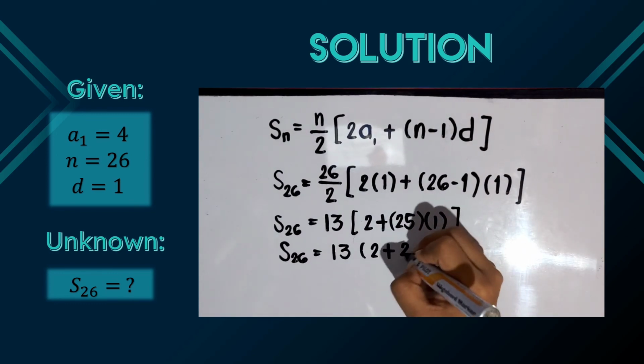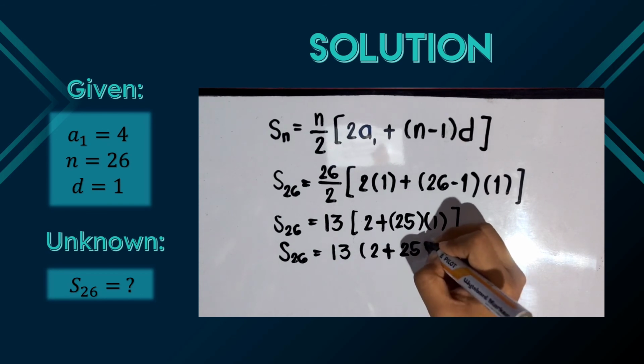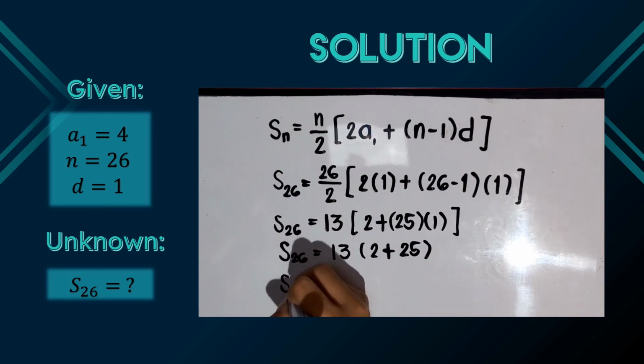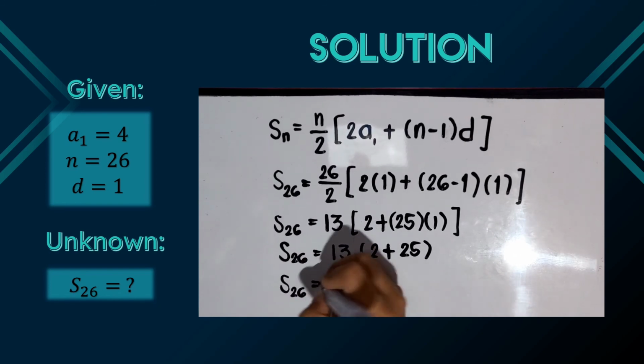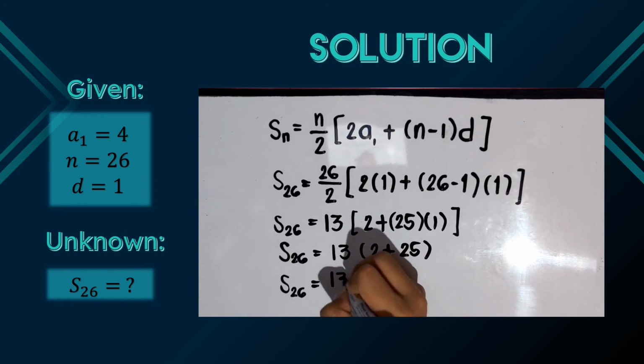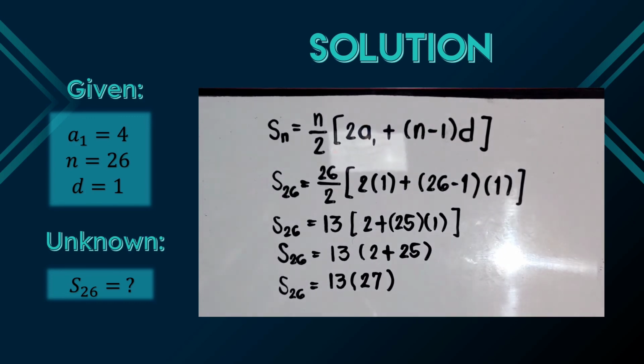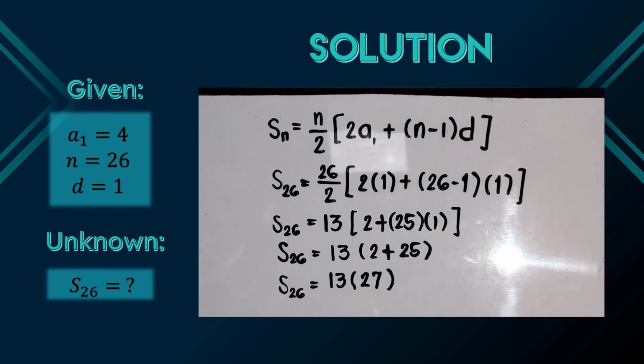Simplifying further, we will have S sub 26 is equal to 13 times 27. And finally, we will have the value of S sub 26, which will be equal to 351.